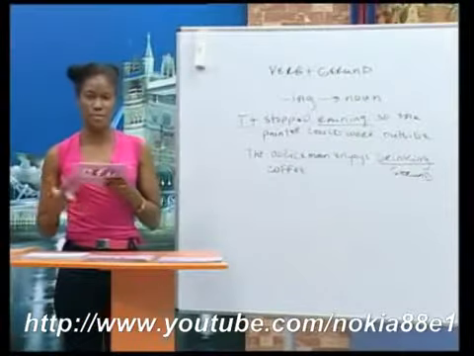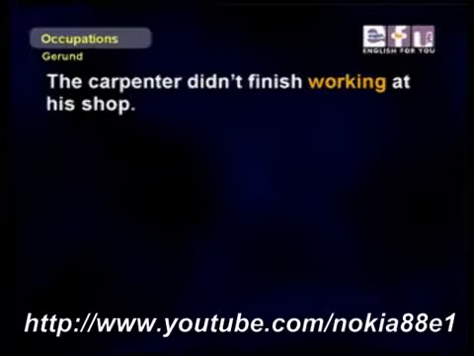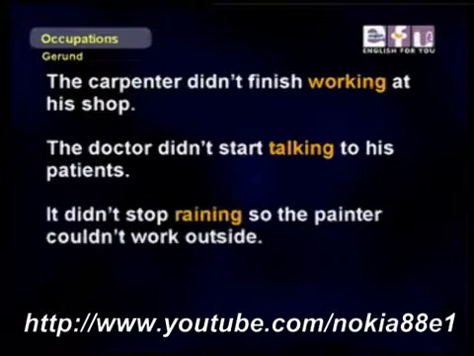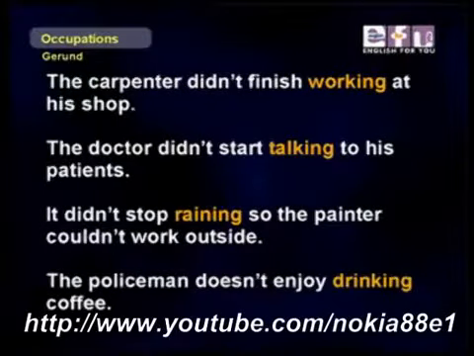Let's look at some examples. The carpenter didn't finish working at his shop. The doctor didn't start talking to his patients. It didn't stop raining, so the painter couldn't work outside. The policeman doesn't enjoy drinking coffee.